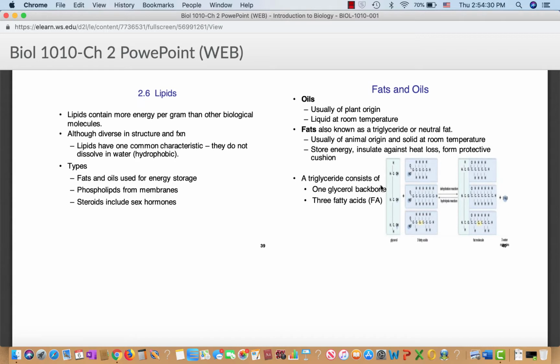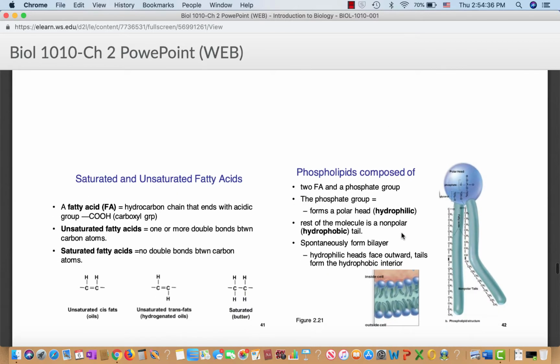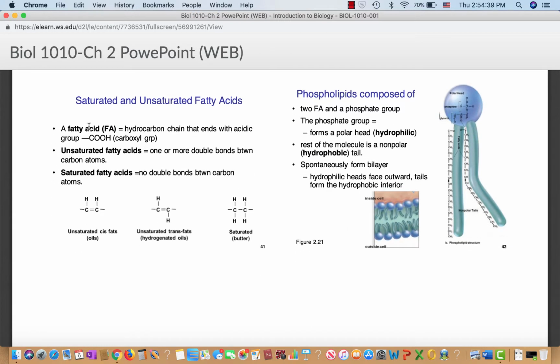A triglyceride consists of a glycerol backbone and three fatty acids. The fatty acid is a hydrocarbon chain with an acidic group, typically a carboxylic acid at the end. Unsaturated fats have one or more double bonds, like so, and that creates this kink in it so they don't stack as tightly, meaning they have lower boiling points or melting points.